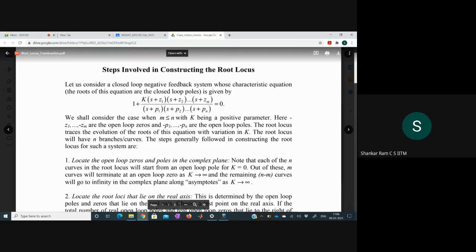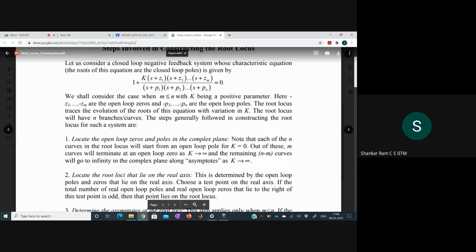The root locus traces the evolution of the closed loop poles with variation in the parameter k, and it will have n branches of curves. The order of the system is n, so it will have n branches. There are some steps involved in the root locus.